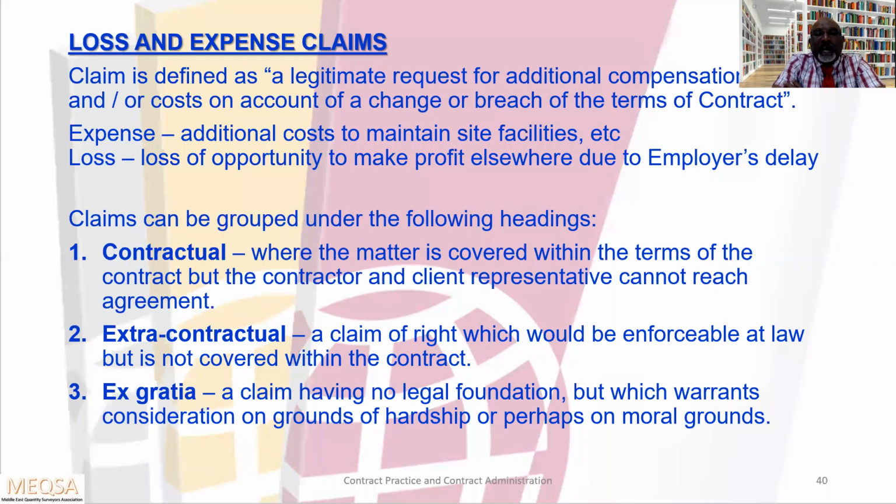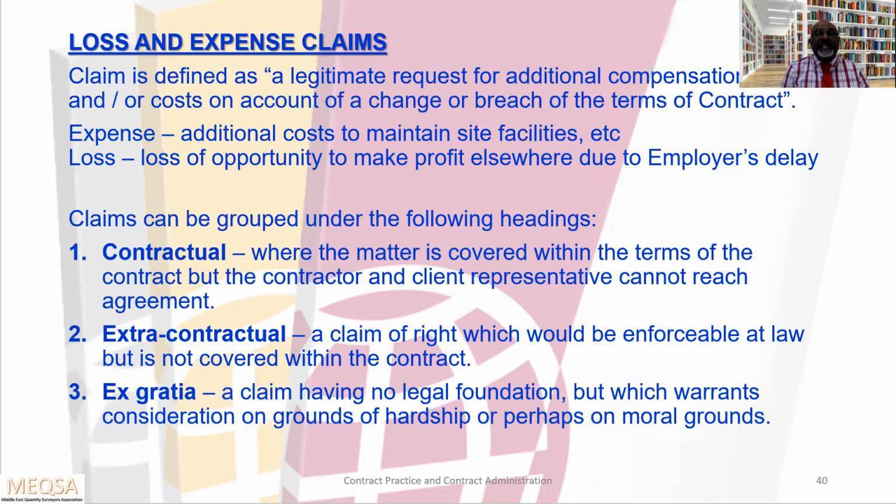Claims can be grouped under the following headings. The first one, contractual claims, where the matter is covered within the terms of the contract, but the contractor and client representative cannot reach an agreement. The next one, extra contractual, means legal: a claim of right which would be enforceable at law, but is not covered within the contract.